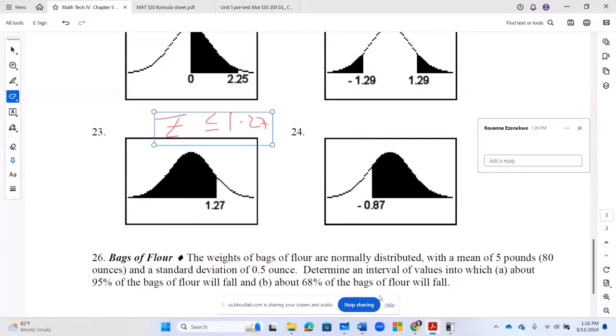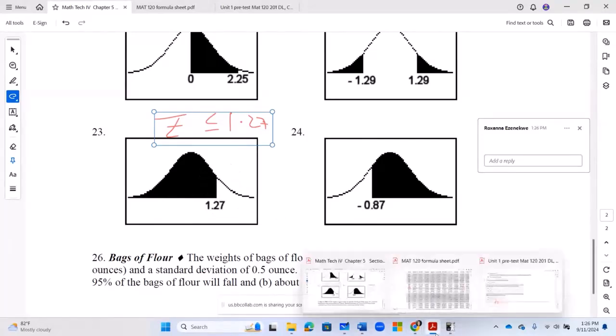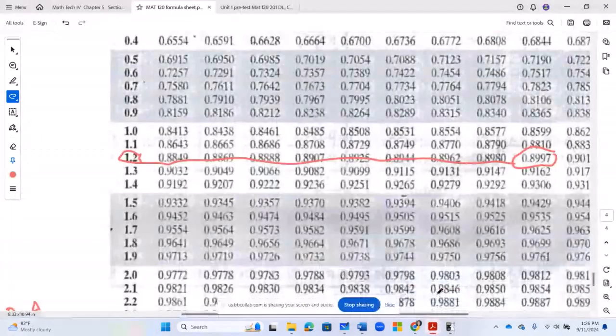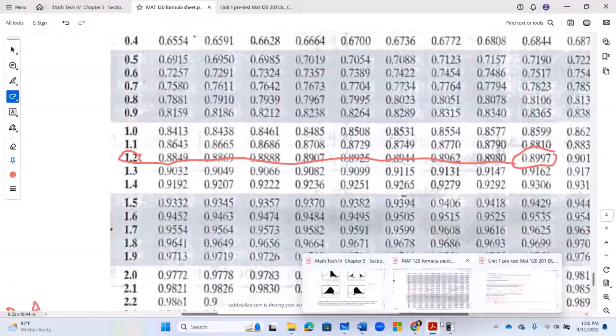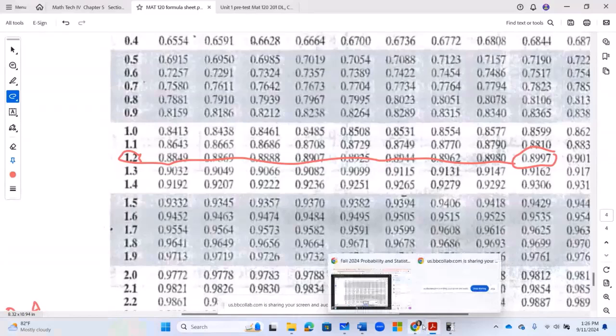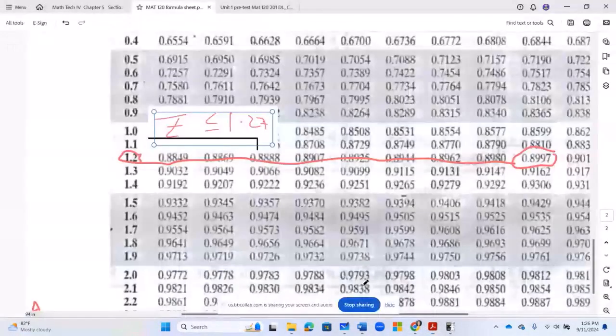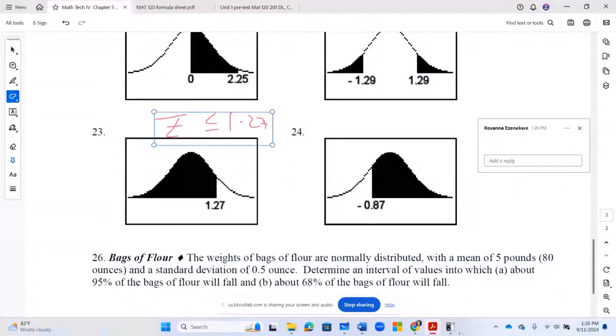If I'm reading the chart, all I need to do is pull up the chart. Let's read the chart first, and then I will use the calculator and compare my answer. Our question is 1.27.